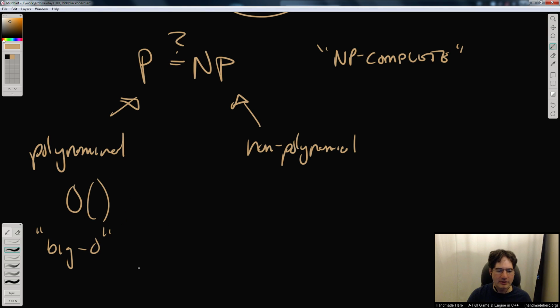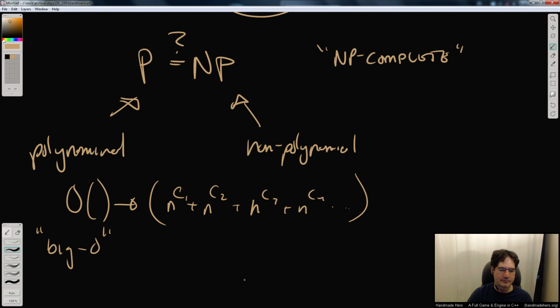And as you know, a polynomial is anything that looks like n to the something, like n to the x, where I'm using x to refer to any constant, or n to the c1 plus n to the c2 plus n to the c3 plus n to the c4, however many of these you want, right?